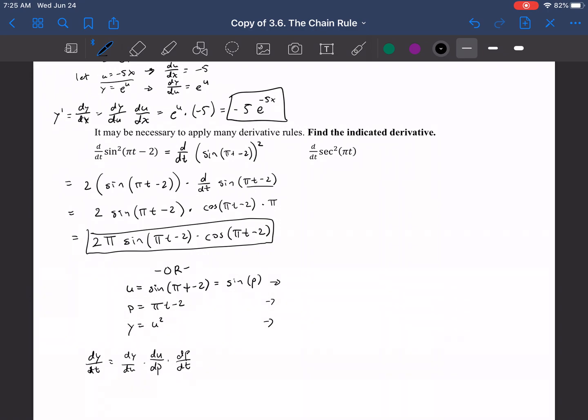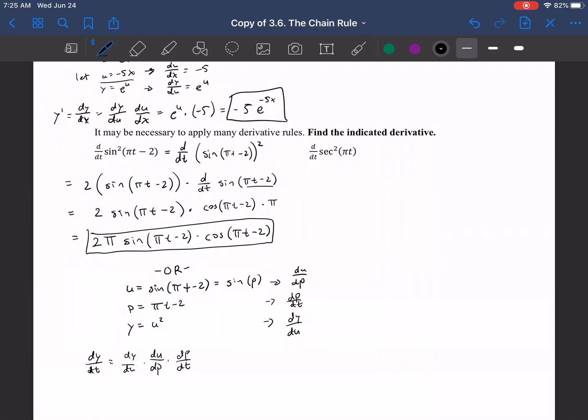All right, so this one would be du dp, this one would be dp dt, and this one would be dy du. So you'd find each one of those, plug them in, start substituting until you got all the way back to only having t's in it, and you'd be done. All right, so if you want to give that one a try, it might be good practice for you.